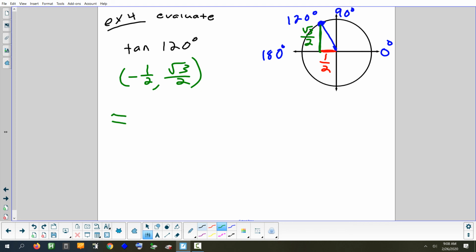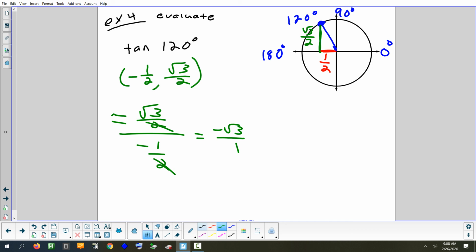And now to find the tangent. Ariel, what's my formula for tangent? Y divided by x. When I go to divide those, what happens right away? You can cross out the 2s. Yep. And now you're left with this.